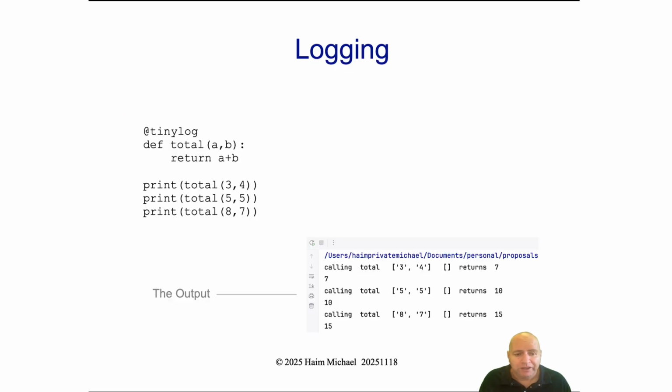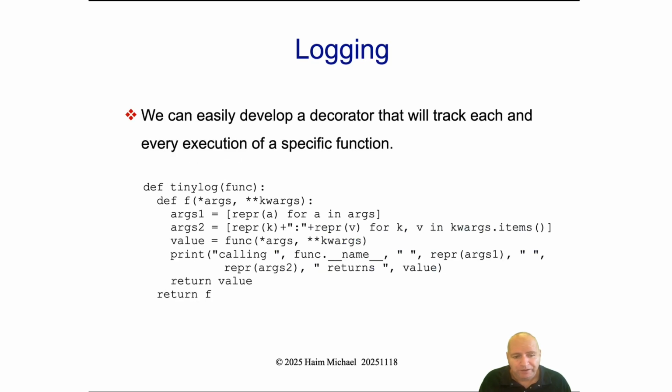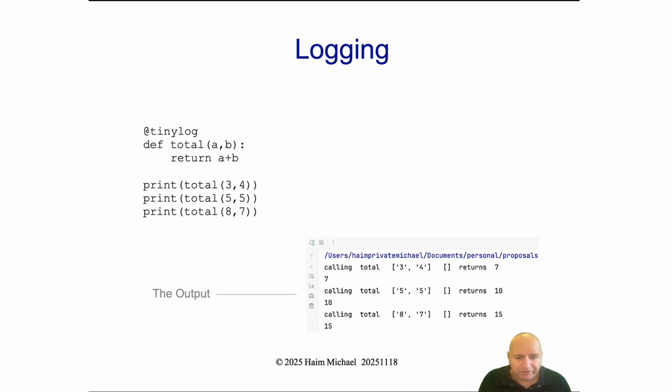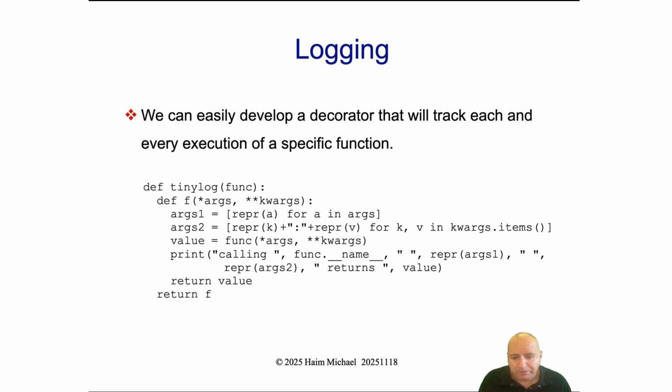So whenever total is invoked, f is the one that is invoked. f handles calling the decorated function, in this case total, and f is responsible for printing a logging message.